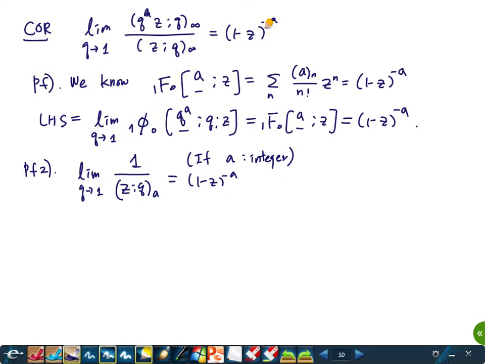So there are many consequences of the Q binomial theorem. We already saw two, and another one. So 1 phi 0 is always expressible as a product. What about 2 phi 1? 2 phi 1, not always.